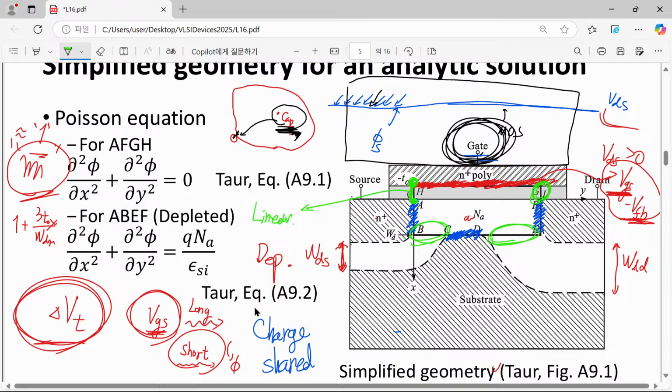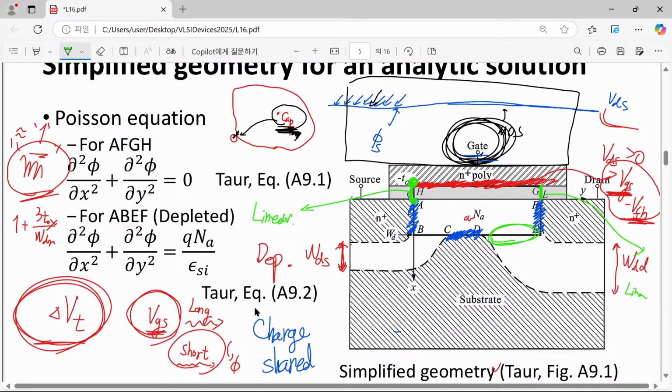I think that is quite acceptable. And also, how about this GL? I'm not quite sure, FG1. That is also regarded as linearly varying potential. Yeah, this is not that bad in my opinion.